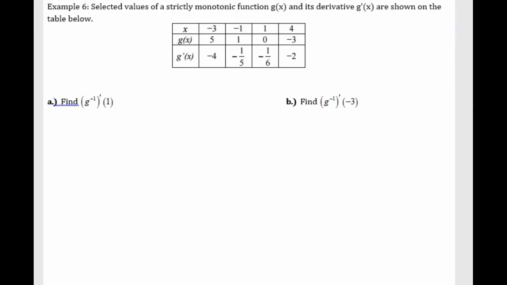So we have a table, and we want to find the inverse derivatives using those formulas or methods. This problem is asking me to find the inverse derivative at 1.